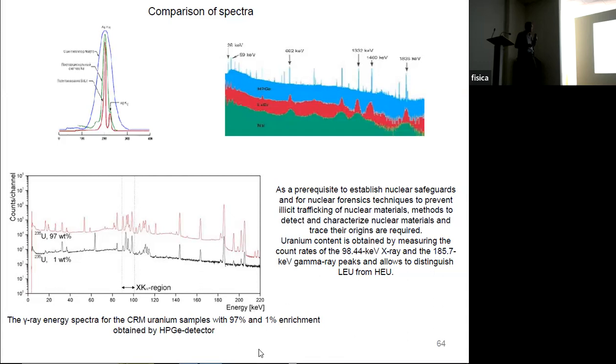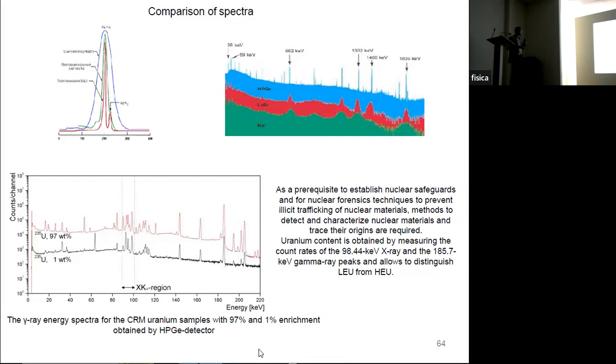You can see some peaks as well. And if you look at the sodium iodide detector, you will see that these peaks are wider. And if you have isotopes which have gamma ray energies which are located close to each other, it would be impossible to distinguish between them.